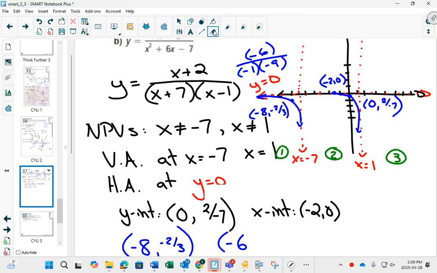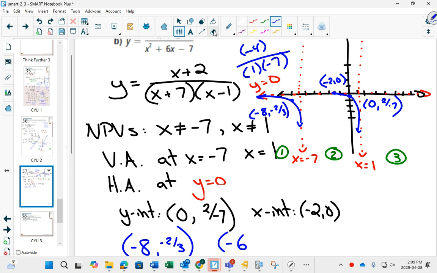Wow, that was bigger than I thought. -6, do you see that you would get -4 on the top? This would be +1, and this would be -7, which is +4/7, -6, positive. Oh, it's going to have to go up towards the asymptote.